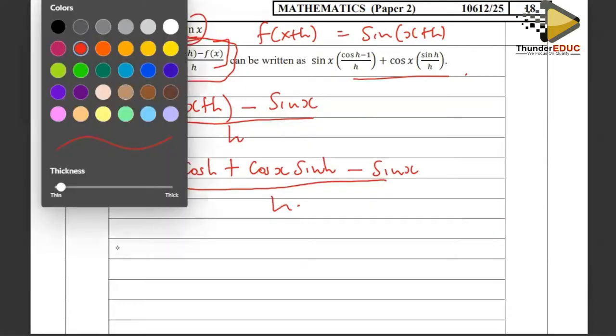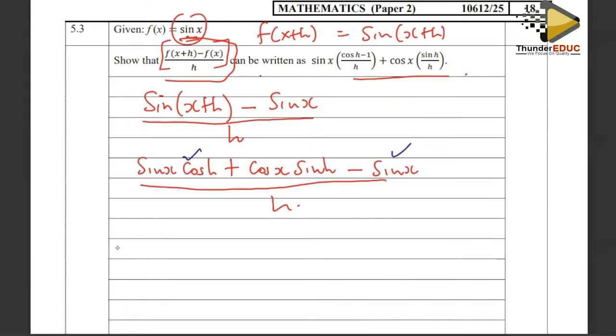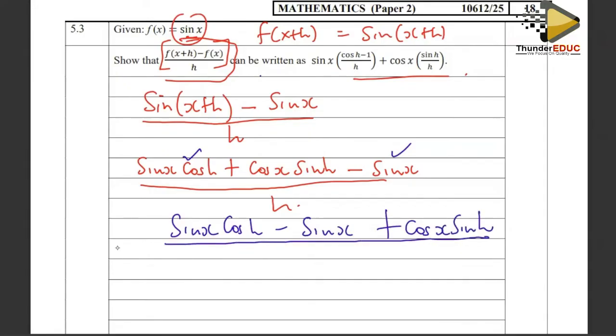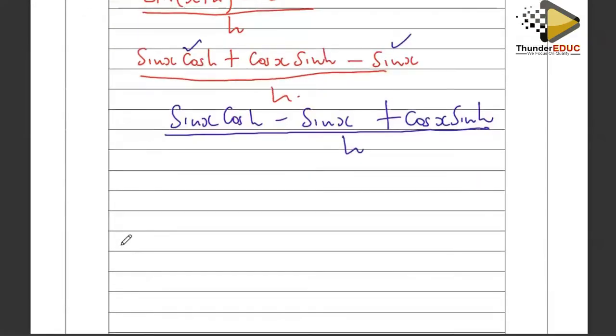Now we need to regroup because we are seeing some like terms. Here and here we have some like terms. I'll say sine x cos h minus the sine of x plus cos x sine h. Everything is over h. Then what is common here is the sine x. Take it out. We are left with the cos of h minus 1.